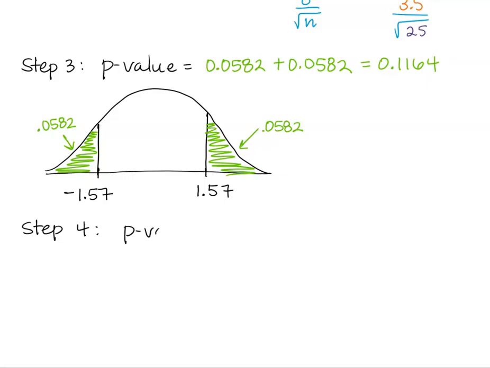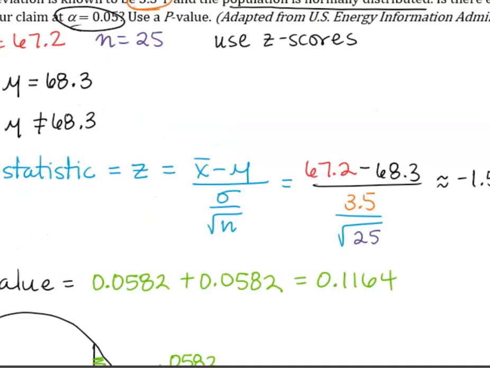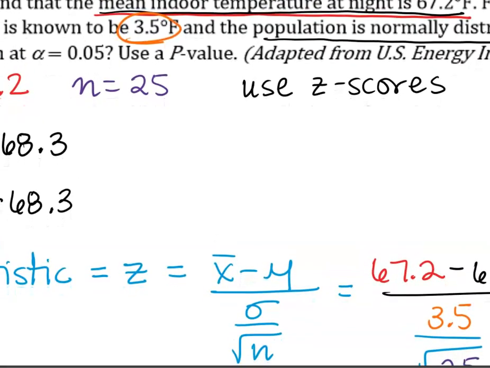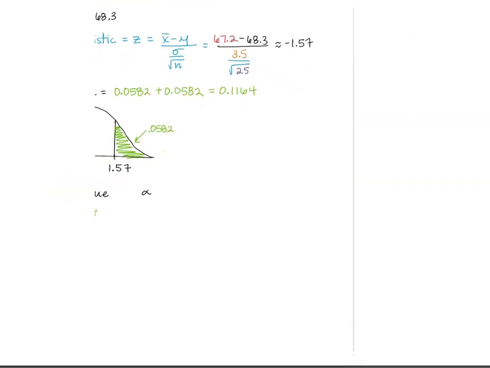So now that we know our p-value, we're able to go on to step 4 where we make our decision. And the decision depends on what happens when we compare our p-value, which we just found of 0.1164, to our alpha value. And alpha was given to us in the problem as 0.05. So we need to think about which one is bigger and which one is smaller.